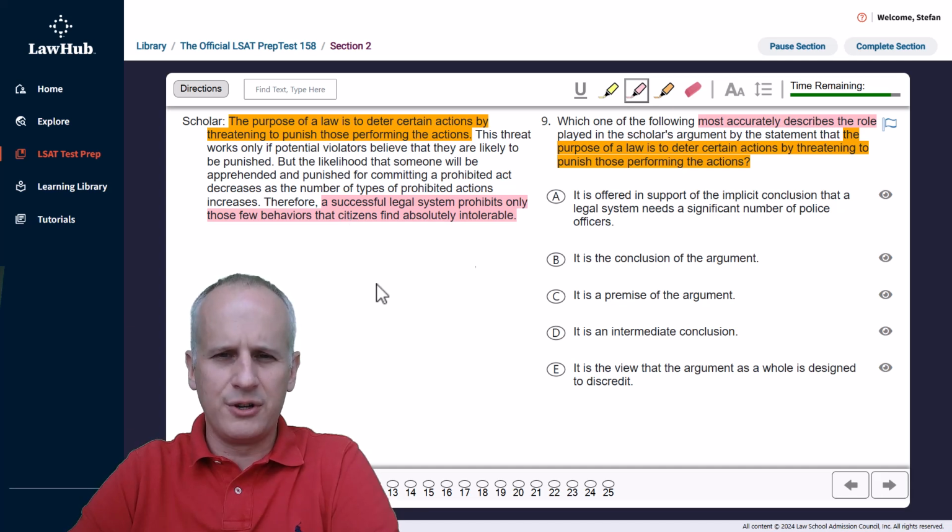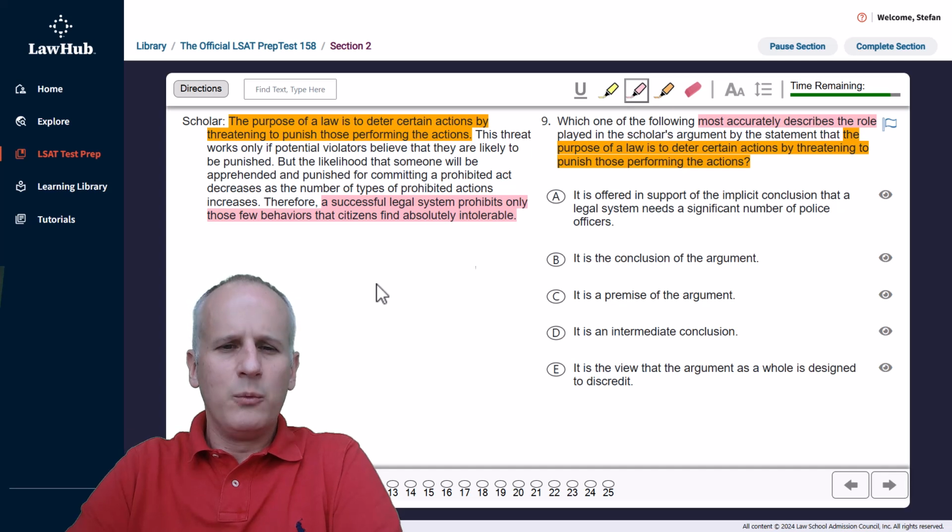So we found the conclusion, we've got the orange highlight, and we should understand that the purpose of a law being to deter certain actions by threatening to punish those performing the actions is only part of the premise. It's some of the grounds that is presented, but we know that this purpose is predicated on some other things, the threat's likelihood of being apprehended in terms of the number of prohibited actions and that sort of thing.